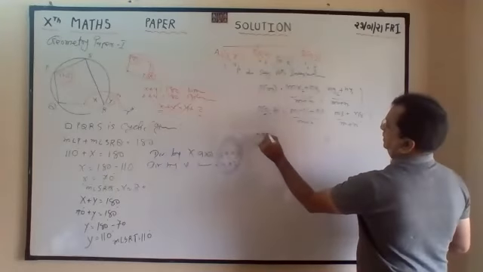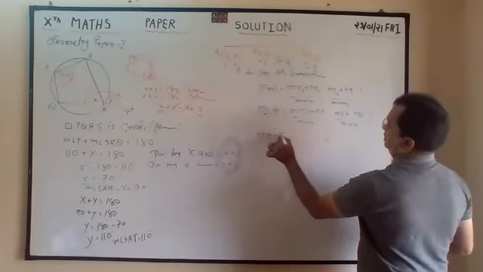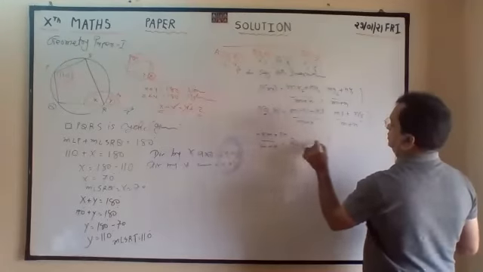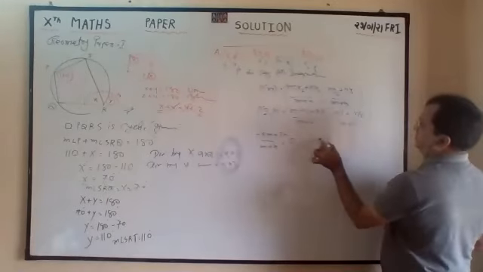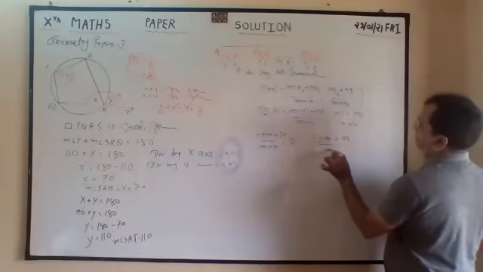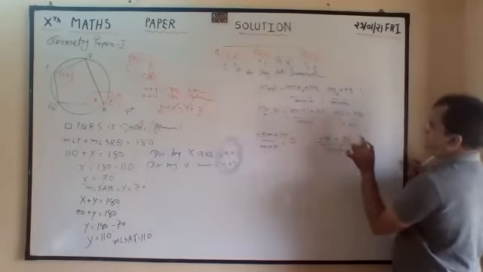So minus 9m plus 3n by m plus n is equal to 0, and 3m plus 8n by m plus n.